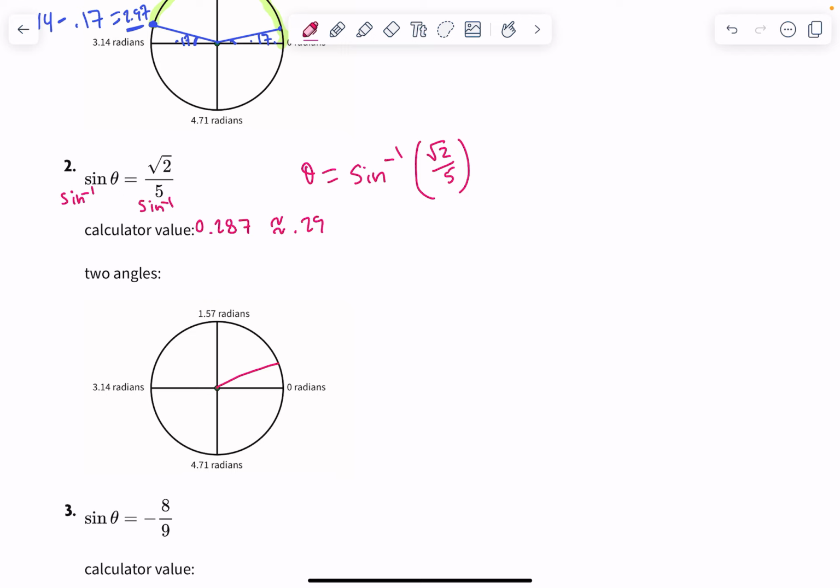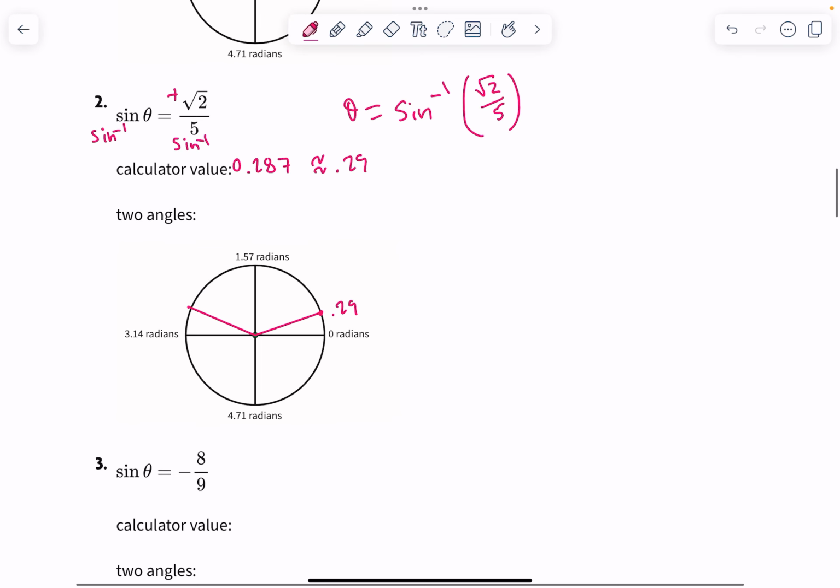So really quick, I know that one of these angles here is 0.29, and then same concept here, right? I know that sine is positive in quadrants 1 and 2. This is a positive sine, right? So there should be two answers there. And I know that this right here is 0.29.